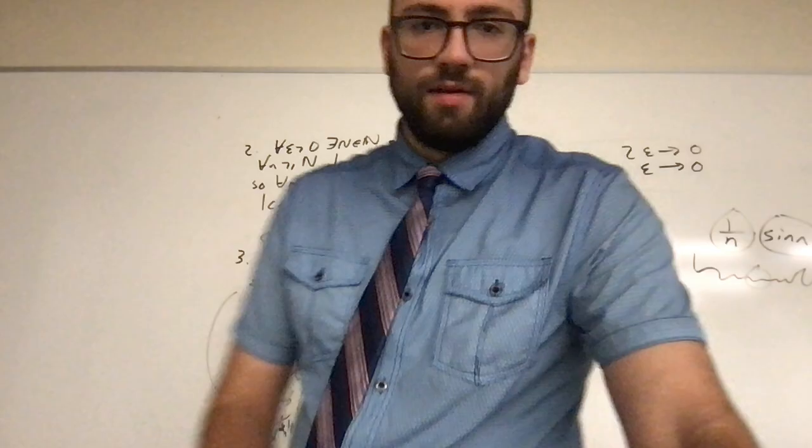So it's also true that for all epsilon, there exists an N such that for all n, and this N and this N are actually the same, as long as the epsilons are the same. Right?